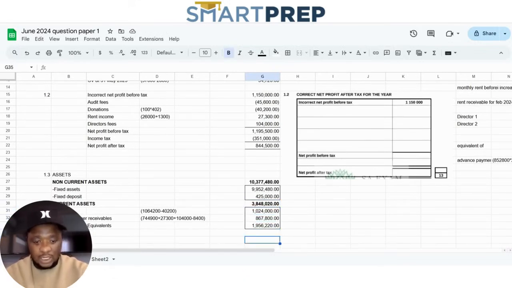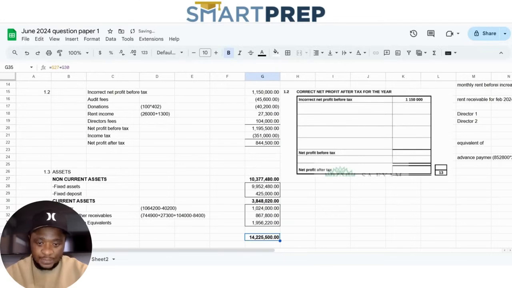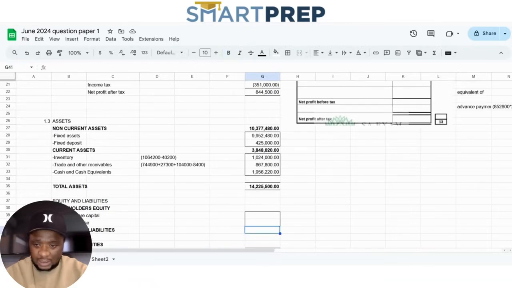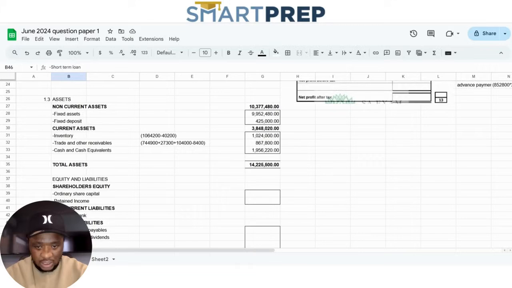And then after that, we can add up our current assets along with our non-current assets, and that will give us 14,225,500. Okay. Then we move to equity and liabilities. So we have our ordinary share capital, and then we have our retained income, and all of these things.